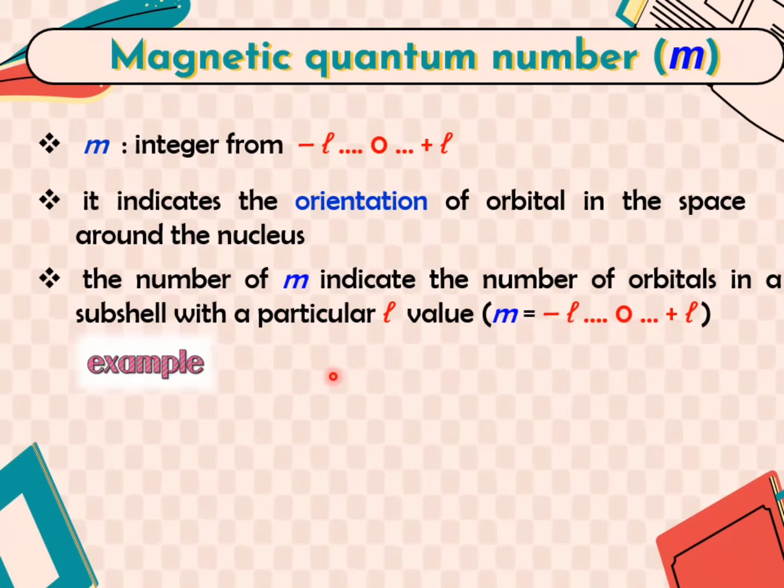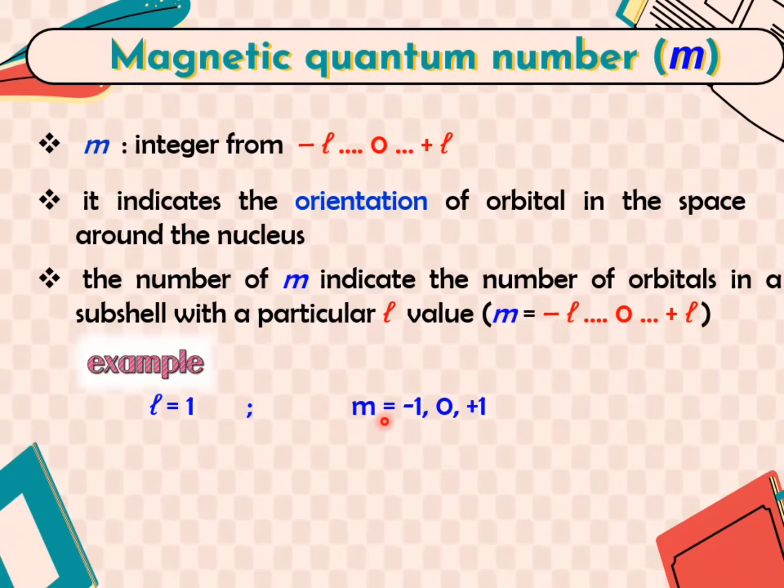Okay, I'll show you how you want to determine the value of m. So m must depend on l. Tadi l depends on n. Okay, how? So this is the first one. If l equal to 1, m should be, nampak negative l, 0, positive l.